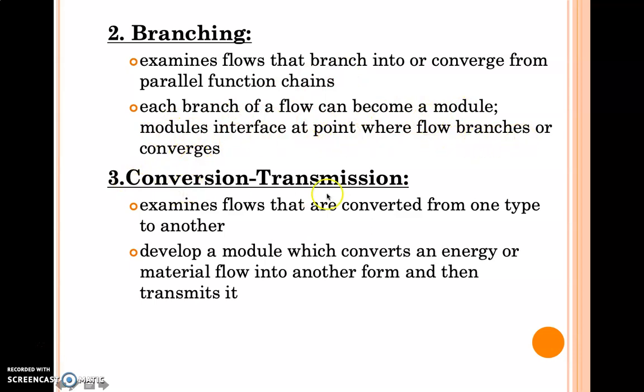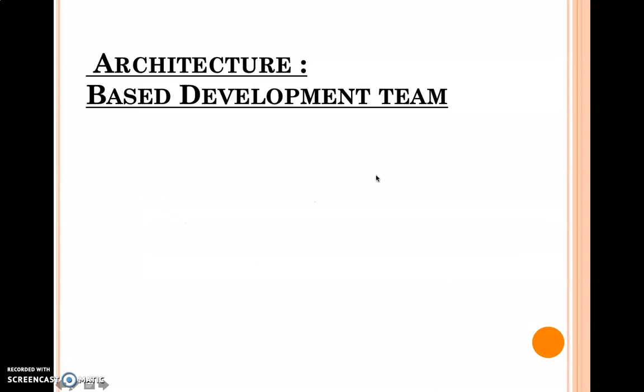Okay, and conversion and transmission: examine flow. This is the last or second last method of this modular product development or module design phase, which is to examine flow that is converted from one type to another, and develop a module which converts an energy or material flow into another form, then transmits it. So this is called conversion and transmission.